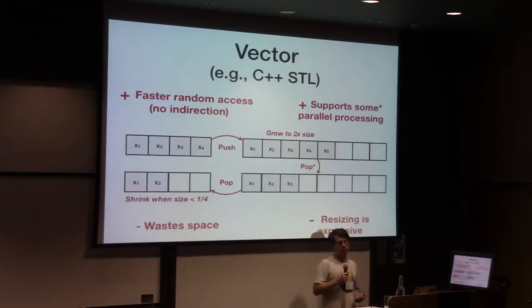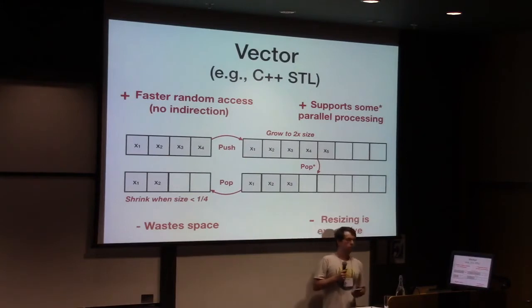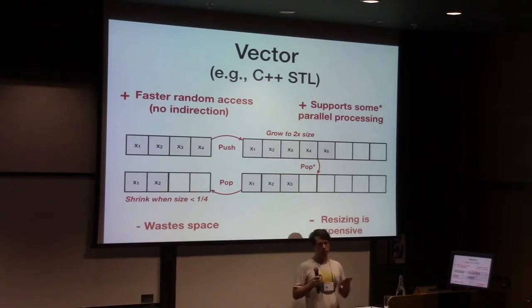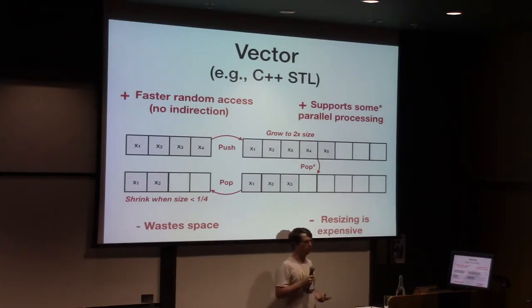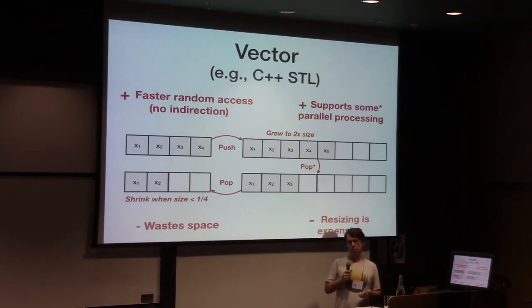Now in the imperative world, there's a vector data structure which is pretty popular, and it's part of the standard template library in C++. It's been attractive because it has fairly fast access to the end of the sequence, and because it's just a big array internally, it gives you fast random access. But the problem is that every time you want to resize, you end up copying all of the items.